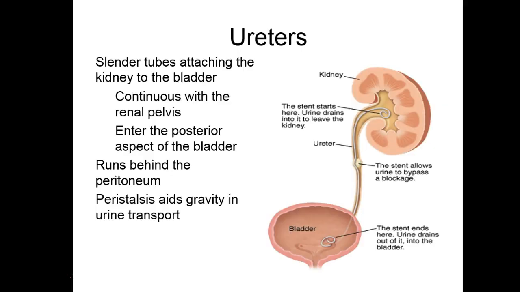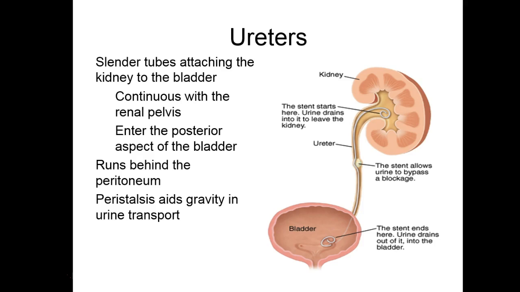Next idea: after the urine is made, created in that whole process of the nephrons, it's going to go from the papillary duct to the minor calyces to the major, and then down these ureters.